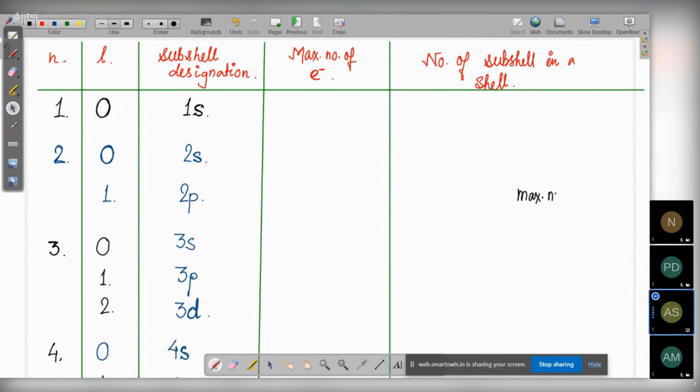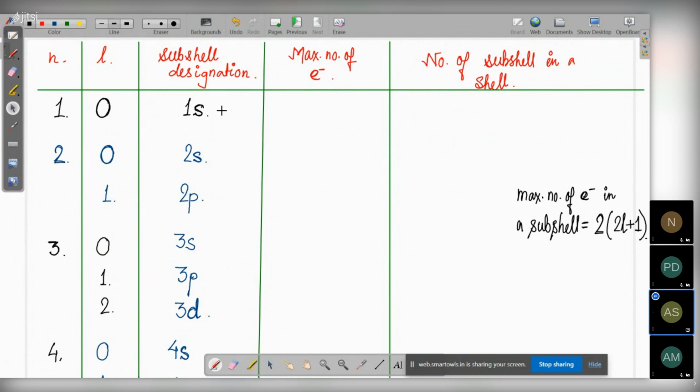Max number of electrons in a subshell is equal to 2 into (2L plus 1).